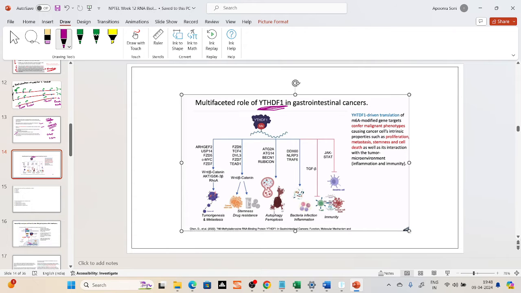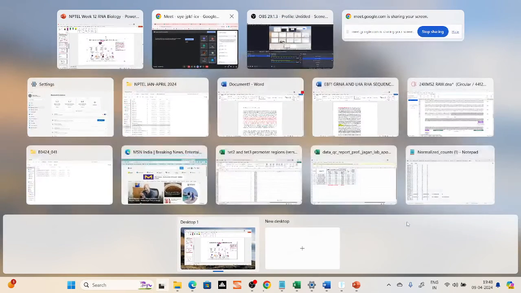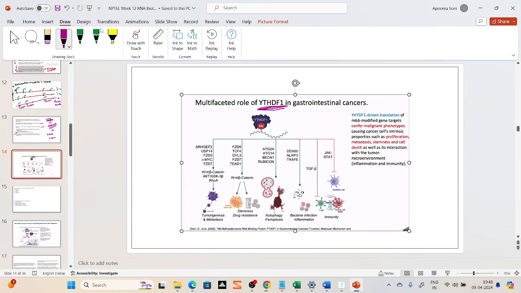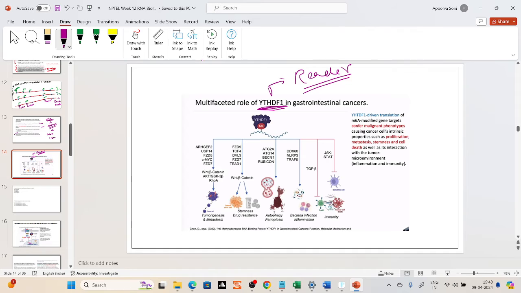Now you can see that this YTH is a reader, and when YTH reads the methyl-6 modification, it can ultimately lead to tumorigenesis and metastasis, stemness, drug resistance, autophagy, bacterial infection, immunity by different pathways.